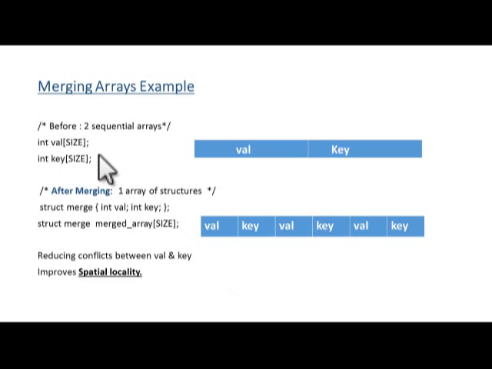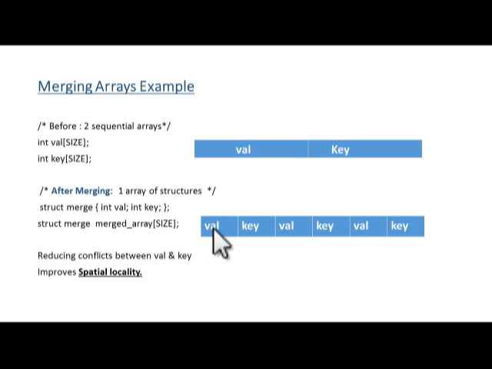By declaring like this, the val array will get stored completely first, and after that the key array will get stored completely. If the sizes of these arrays are bigger than the cache size, we are definitely going to get cache misses. After merging these two arrays, we are just changing how these two elements are stored in memory.